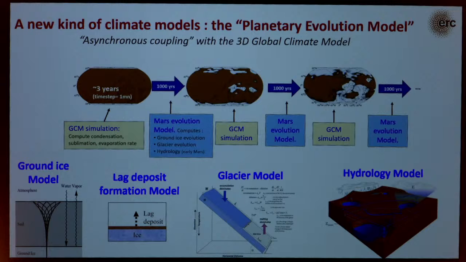But this will be a dream model, because with such a model, I've been advertising it for years, sorry about that, we're making slow progress, we'll be able, I think, to really explore the evolution of Mars through time. The ice will move, accumulate, get buried, make layers, and our goal one day, for instance, will be to do a full 3D model and reconstruct the northern polar layered deposits.